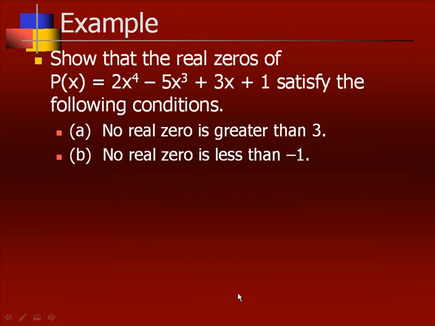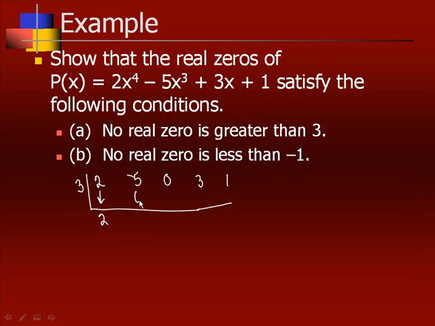Okay, let's practice. Show that the real zeros of p of x satisfy the following condition. If you are showing that no real 0 is greater than 3, that means we're doing synthetic division by 3. So that's 2, -5. There's no x squared, so we'll put in a 0, 3, and 1.